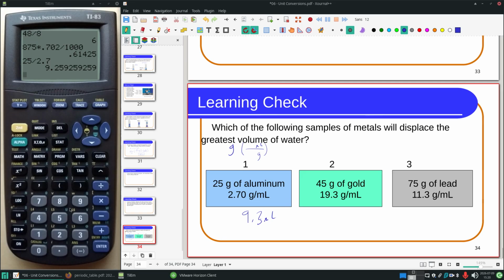The next one is 45 divided by 19.3, which is 2.3. And then 75 divided by 11.3. Which one displaces the most volume?